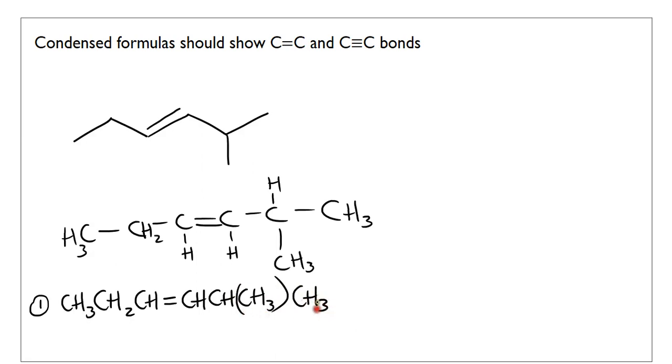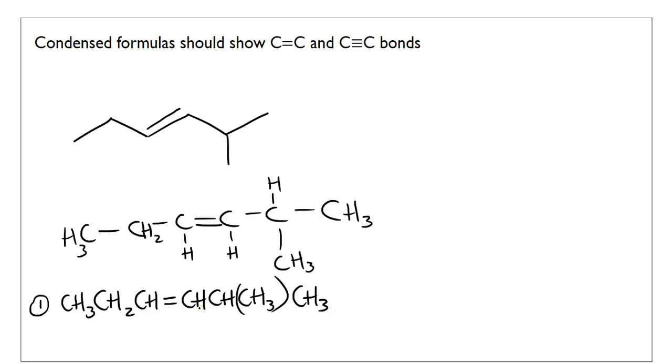So in the first example, I have used a bracket to show this branch, and that's probably the most unique feature of a condensed formula: you will use brackets whenever you have a branch. And so everything else will be part of the main chain.